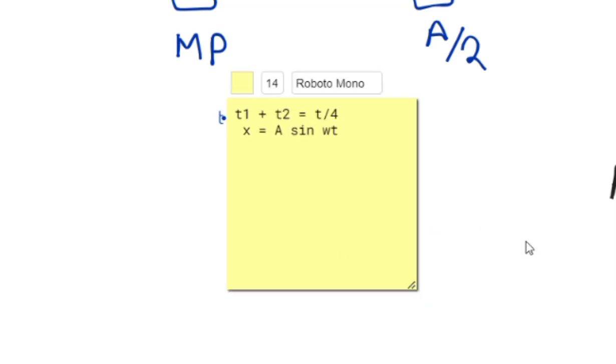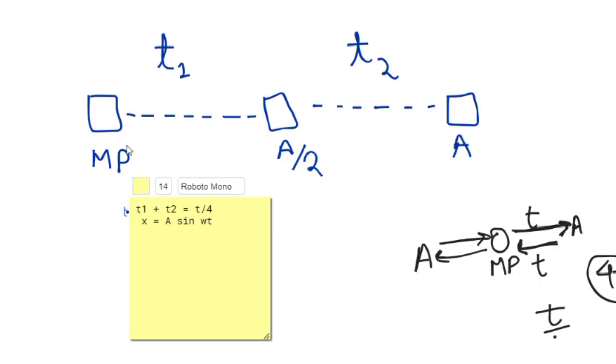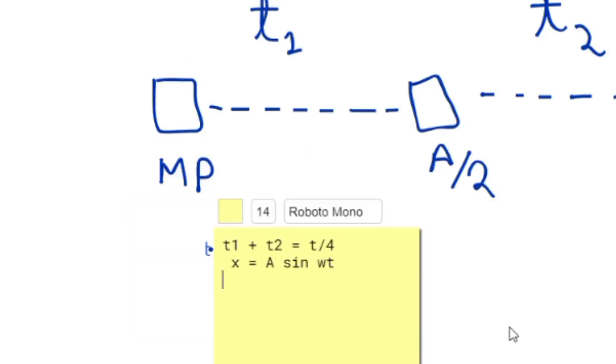Now, you have to find the ratio of t1 by t2. We already know the wave equation is x equals A sine omega t. Now just consider this range from the mean position to A by 2 at first. So for this small range from the mean position to A by 2, the distance that it covers is A by 2. So we are considering x as A by 2, the distance. So A by 2 is equal to A sine omega t.